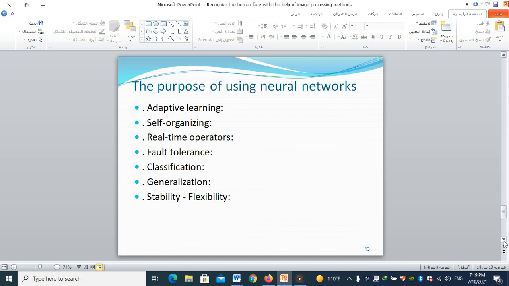And the last one is stability or flexibility. Neural networks are stable enough to retain their learned information and have the flexibility and adaptability to accept new cases without losing previous information.